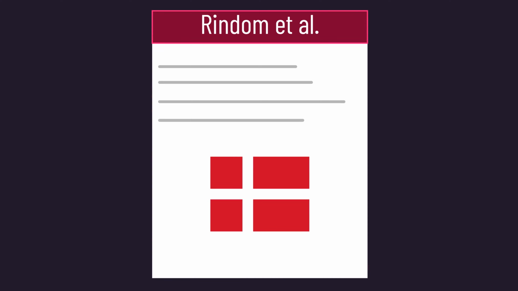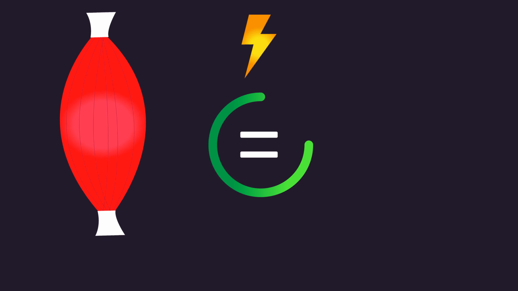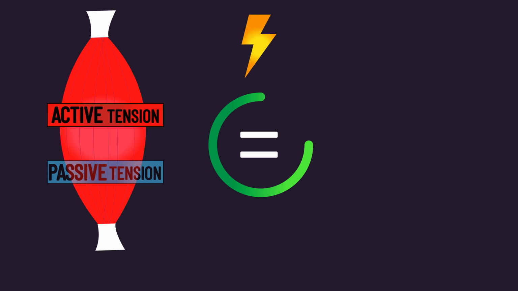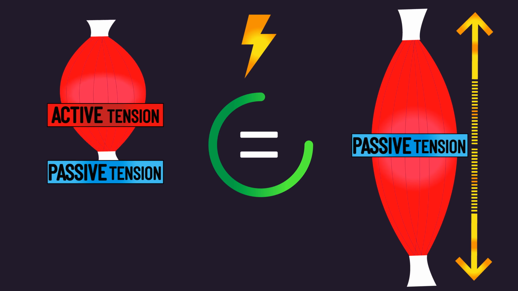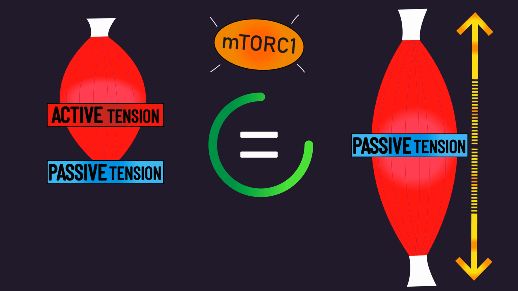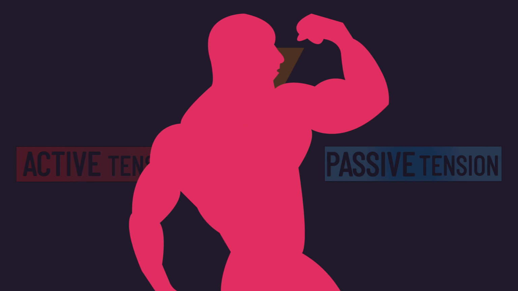The same researchers also established that when equating peak tension between eccentric contractions, which involved active and passive tension, and pure passive stretching, which would not involve active tension, only passive tension, activation of the key protein complex was the same. So this is evidence that it's total tension, regardless of whether it's active or passive, that stimulates hypertrophy.